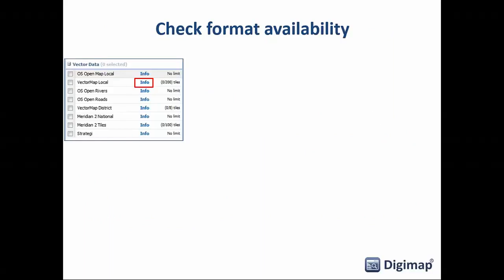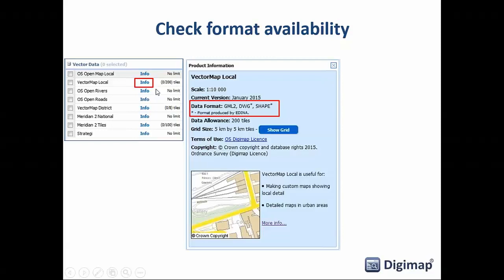So the first thing to do is to check the format availability. Within data download you can look at each product, and next to each product there's an info button. If you click on that, it will bring up some product information, and one of the entries is the data format. You'll see here we've got Vector Map Local, and there's GML2, DWG or shape. Where we've got a little star, it just means that we have generated this data ourselves from the data supplied by Ordnance Survey.